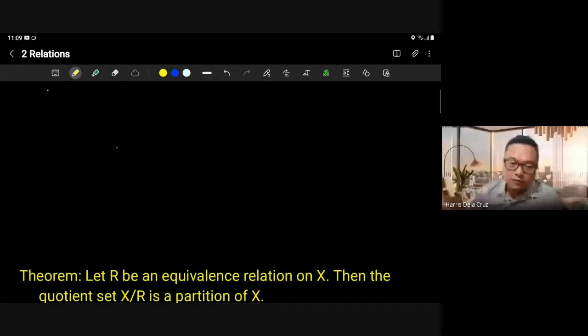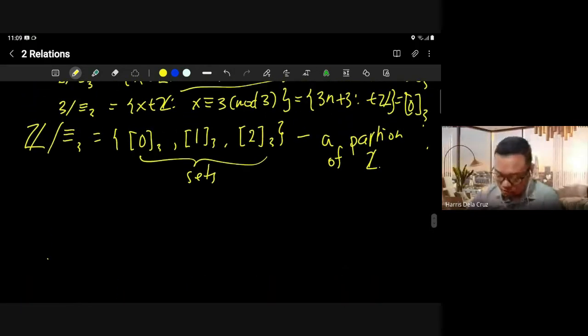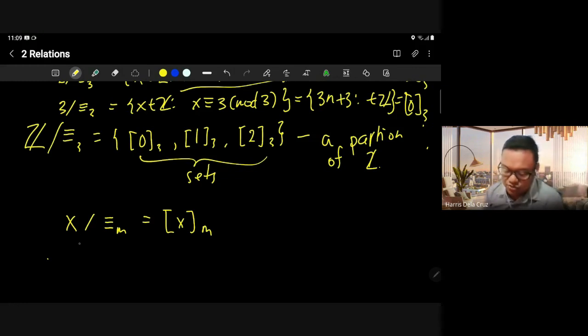To simplify our notation, itong x over modulo relation M, susulat na lang natin siya as x bracket M. Para di tayo nalilito doon sa notation na to. Again, ito pa rin yung equivalence class na x over r. Here, r is the modulo relation. Yun pa rin yun.